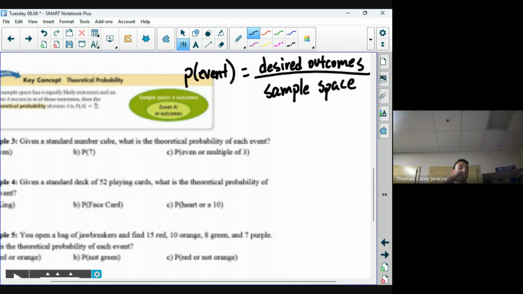Okay. All right, so let's view some examples of some theoretical probability.